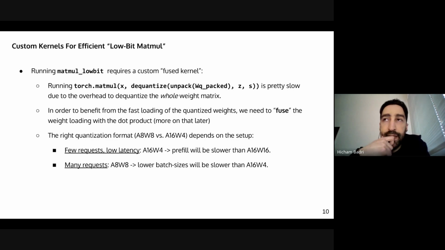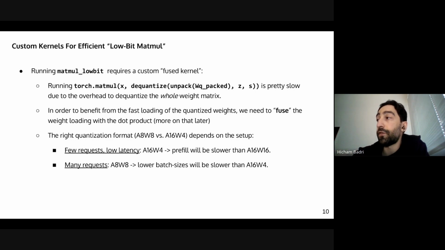The other situation is, let's say you're a big company and you're serving a lot of users, you have a lot of requests. In this situation, 4-bit is actually not the right way to do it. You need to do something like dynamic quantization, so 8-bit activations, 8-bit weights, because compute is your main concern.